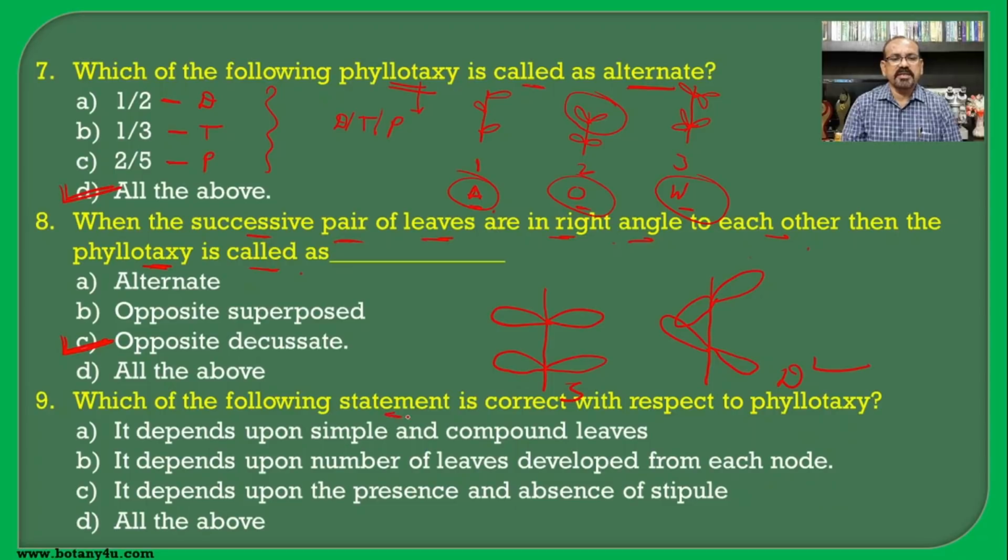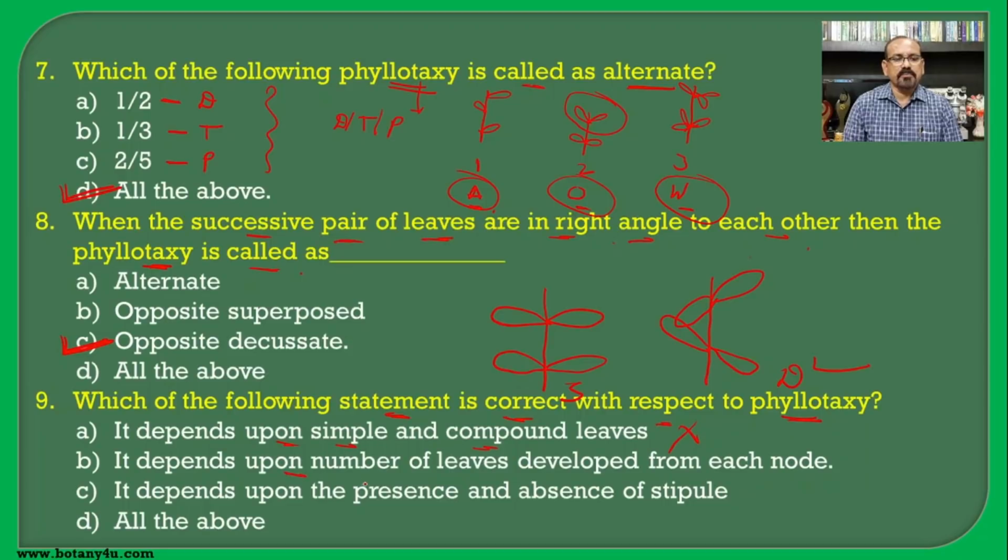Then which of the following statements is correct with respect to the phyllotaxy? As we have seen earlier, the phyllotaxy is nothing but the mode of arrangement of the leaves on the stem or the axis. It depends upon the simple and compound leaves. It is the wrong one. It does not depend upon that. It depends upon the total number of leaves developed from each node, that is one leaf, two leaves, or three or more leaves.